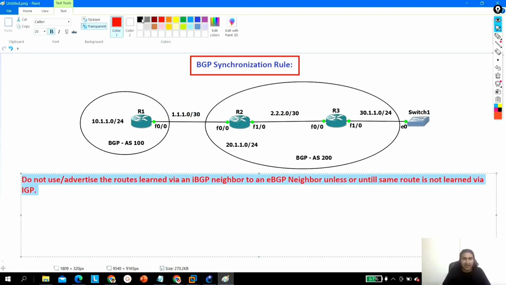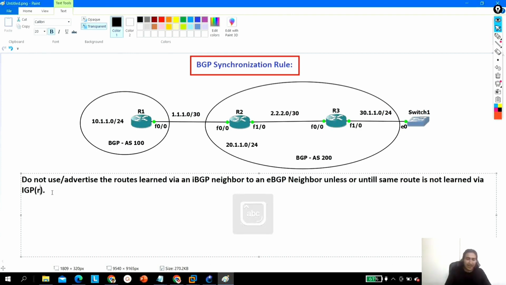An Interior Gateway Protocol can be RIP, EIGRP, OSPF, or anything, etc.